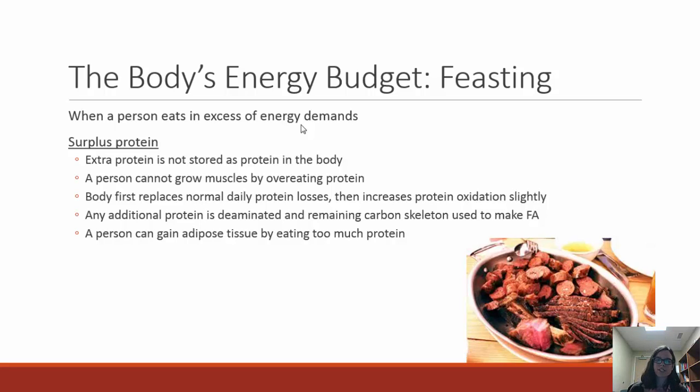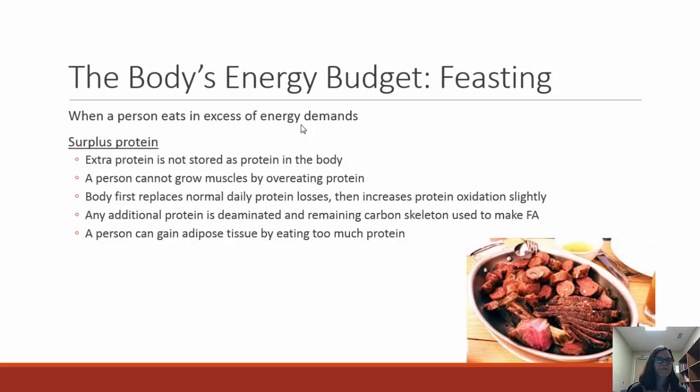This is interesting when we consider some of our culture of bodybuilding, or I guess just exercise in general, where people are eating vast quantities of protein thinking that it will improve their muscle synthesis.